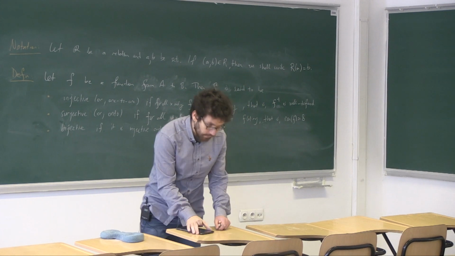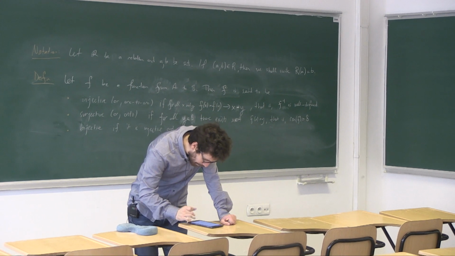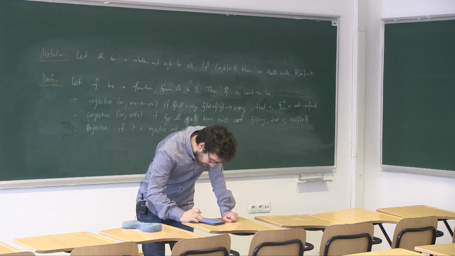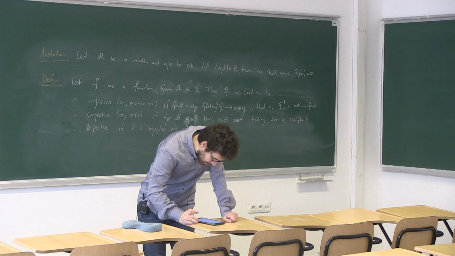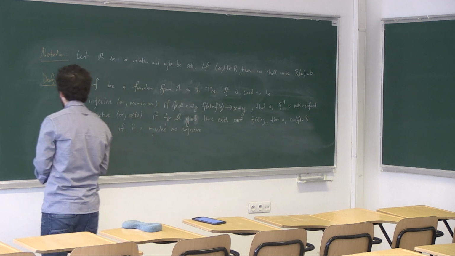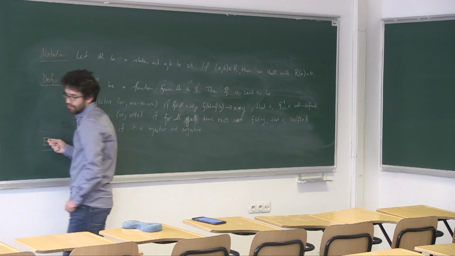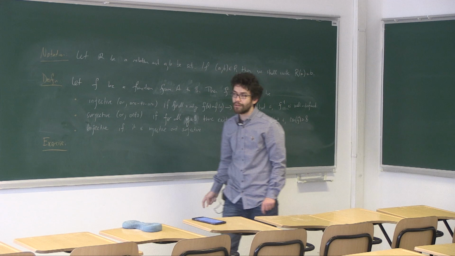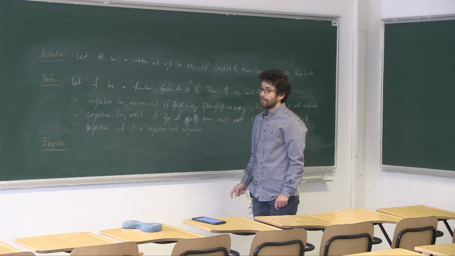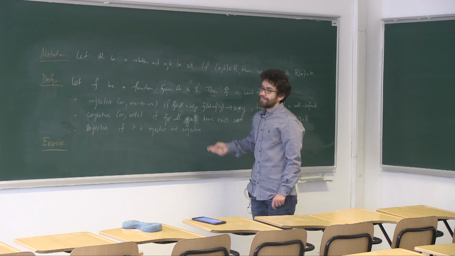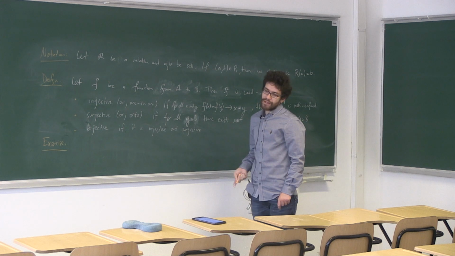So I have 1 minute. Let me assign a little exercise. Again, there's nothing conceptually difficult here. This is just to make sure that you understand these definitions and you're able to use these.